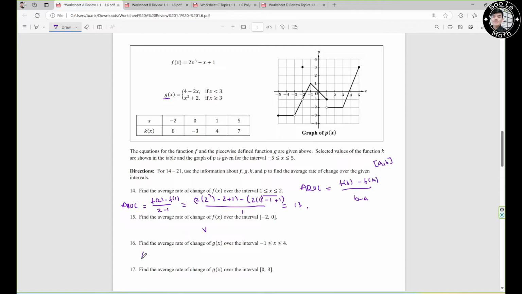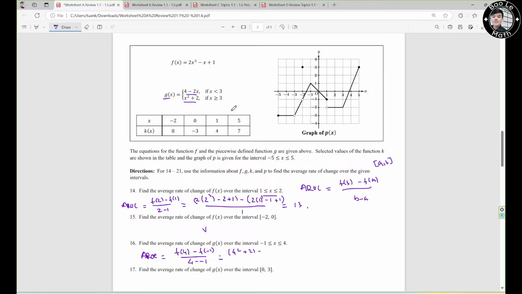It's going to be average rate of change is f of 4 minus f of negative 1 over 4 minus negative 1. So it turns out to be f of 4 is going to be, because 4 is greater than 3, so we're going to use the second one right here. So it's going to be 4 squared plus 2 all together, subtract f of negative 1, which is less than 3 right here.